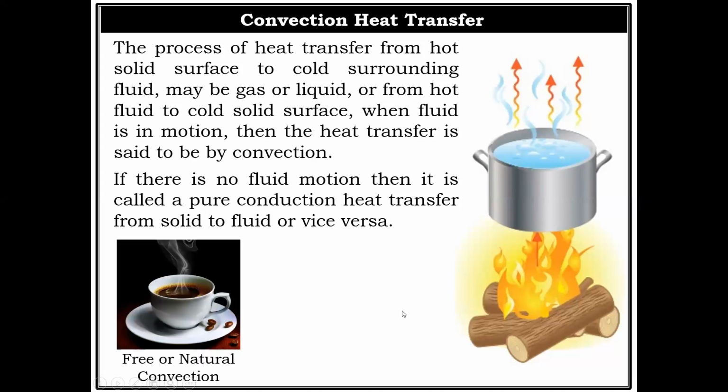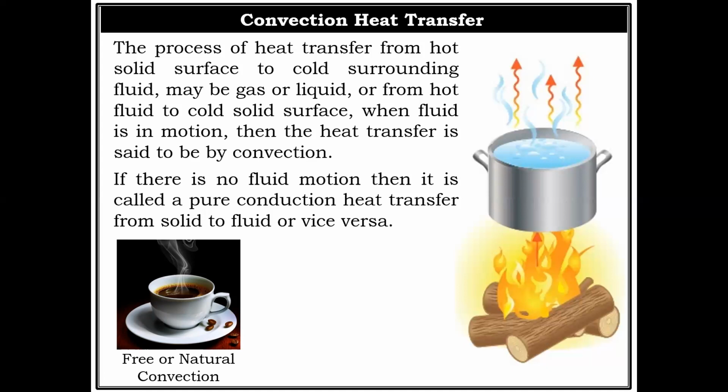Now convection is considered in two types: free or natural convection. Suppose we have hot tea, and we keep it to decrease its temperature for a while. After some time we will observe that the tea temperature reduces, but this reduction is not because of any kind of air motion.